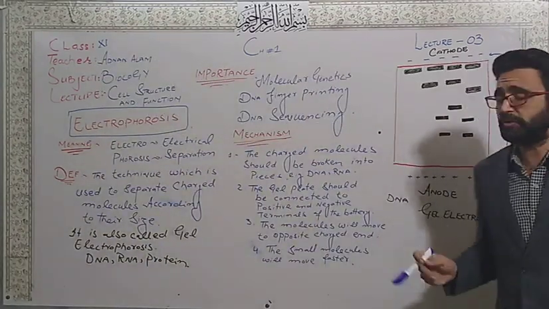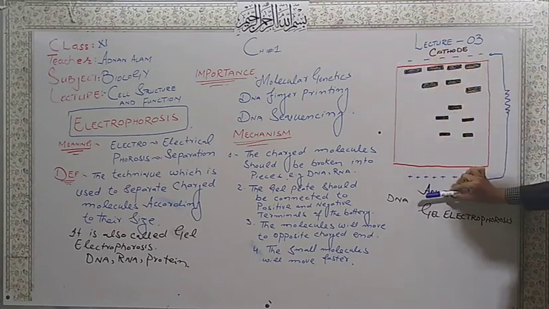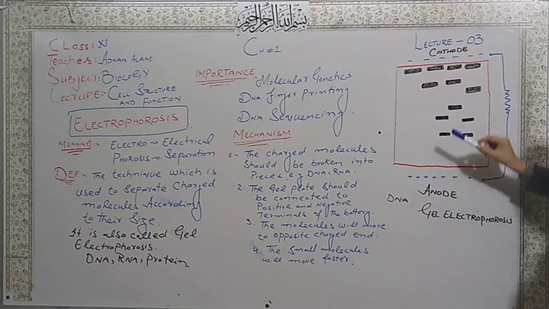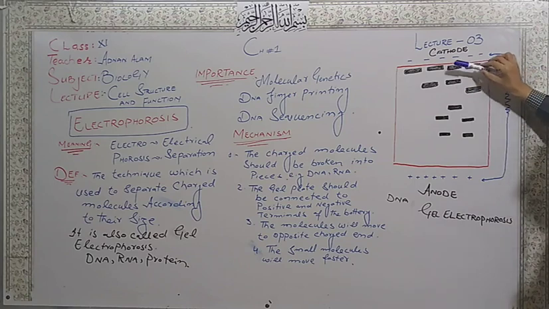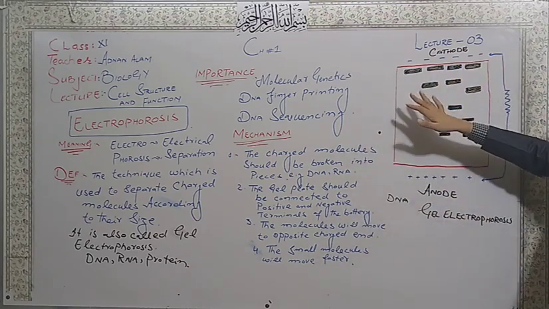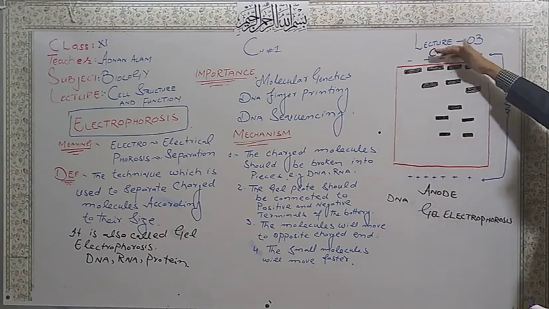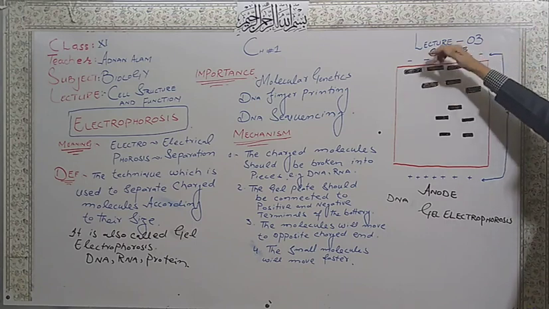Now let's come to this diagram. We connected this whole plate with two terminals of the battery, and this is the anode, the positively charged, and the cathode, the negatively charged. If we are putting DNA here and we want to separate the DNA fragments, we will put the DNA fragments in this gel plate.